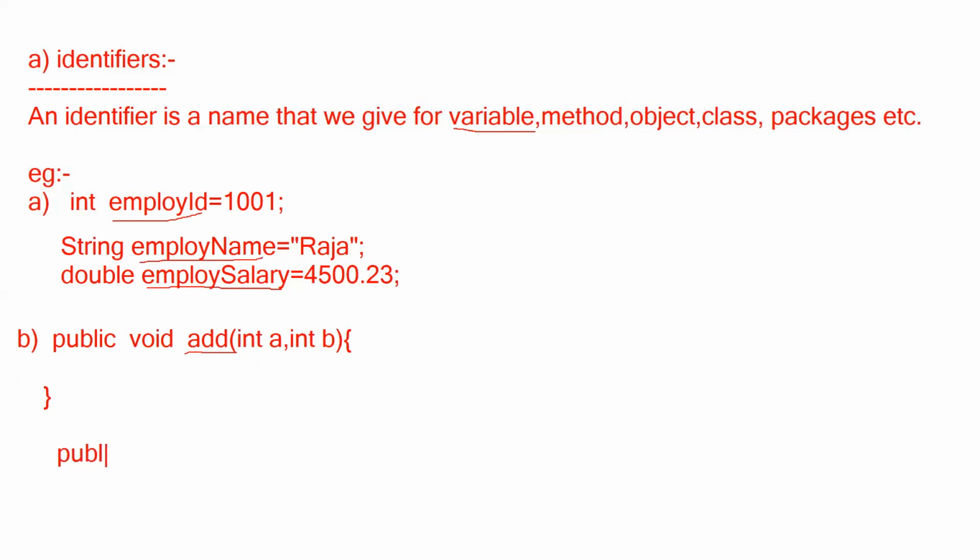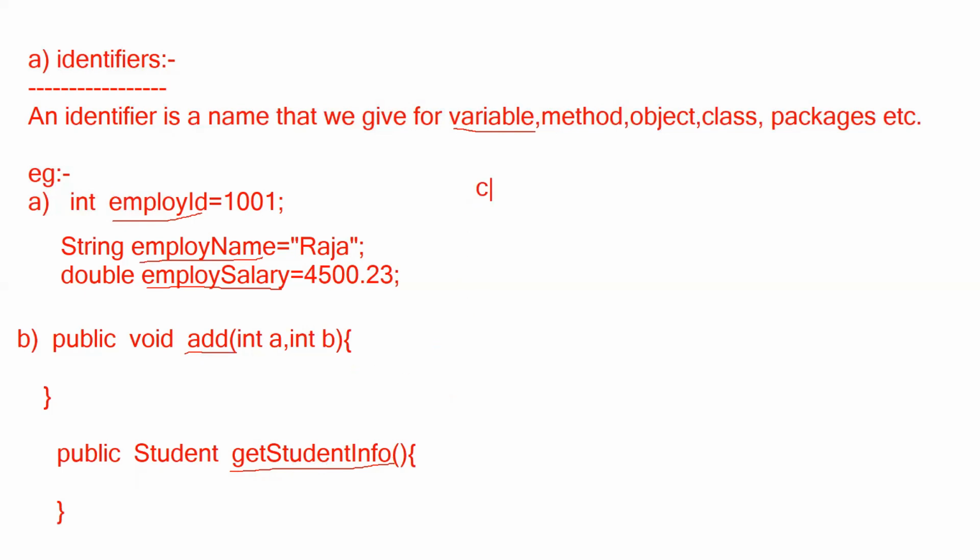I'll declare one more method, like public Student getStudentInfo. This is also a method, and the method name here is getStudentInfo. That means by the method name, you can understand this method will return the student details. All right, this is how you declare methods.